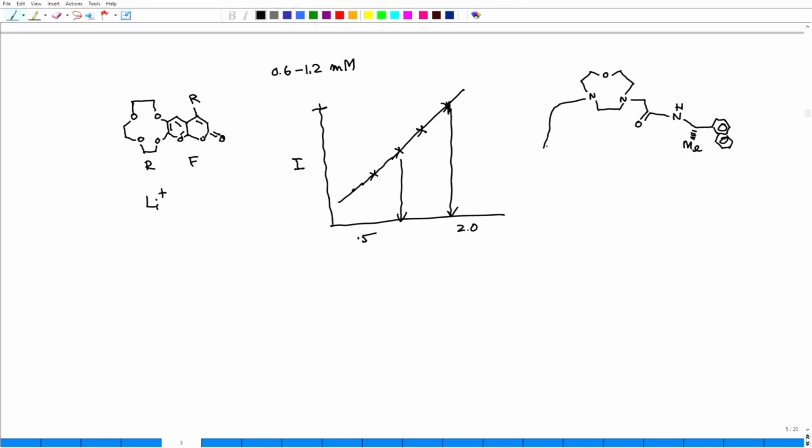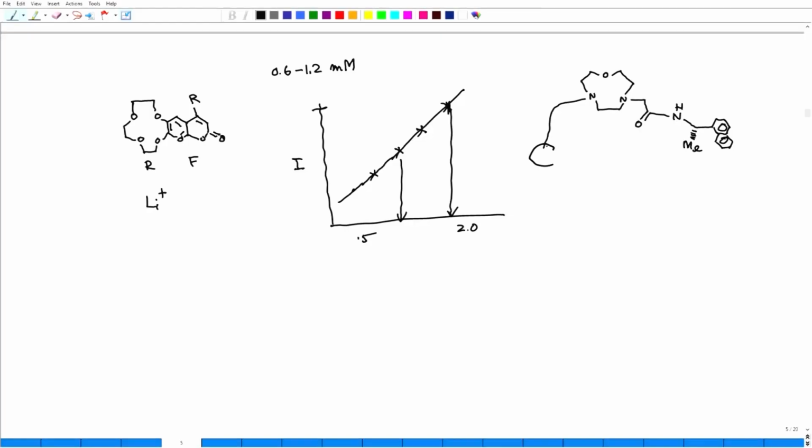This is important, that we want a specific sensor, because in our biological system we have sodium, we have potassium. Now, a manic depression patient is given lithium.